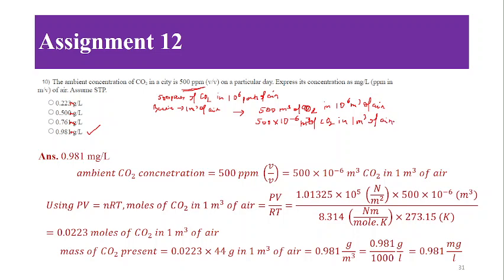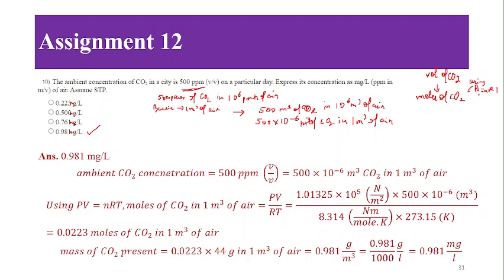Okay, so this is the volume of CO2 in 1 meter cube of air. Now, from volume of CO2, we go to moles of CO2. How you do that is using PV is equal to nRT relation, ideal gas relation.